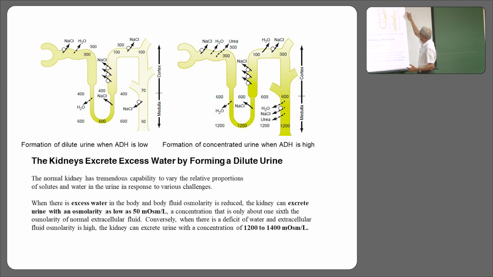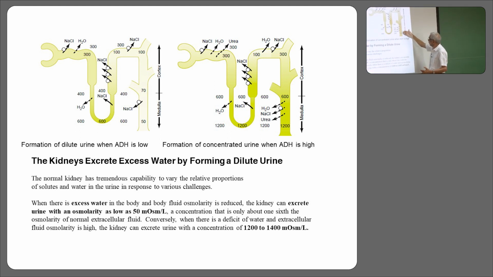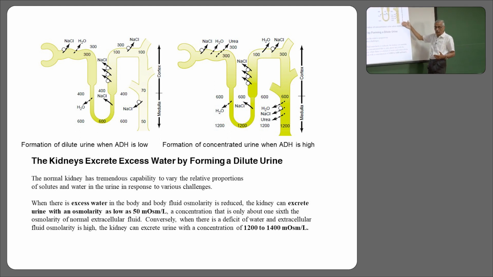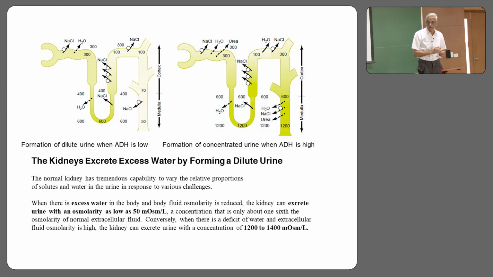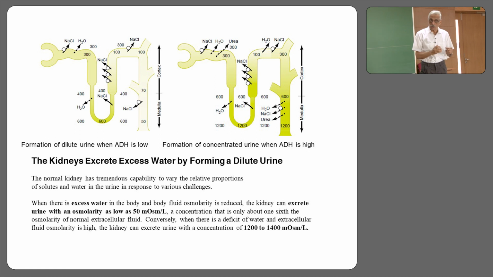Then 300, and then again water is absorbed, and by the time the urine is ready to be expelled out of the body, what is the osmolality? 1200, which means you want to get rid of the solutes and the excretory products, but you want to conserve water. This is your typical physiological response to the stress to which your body is being subjected.